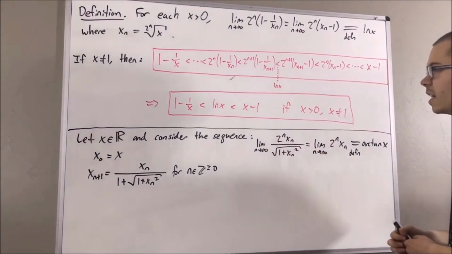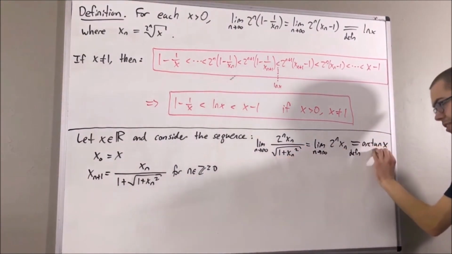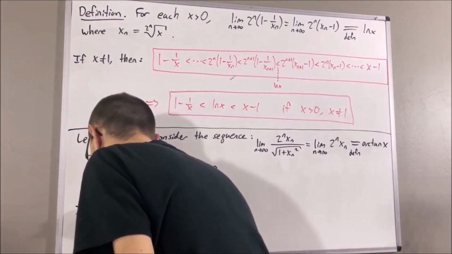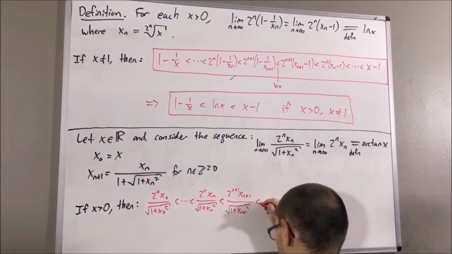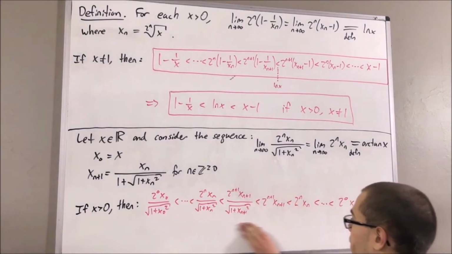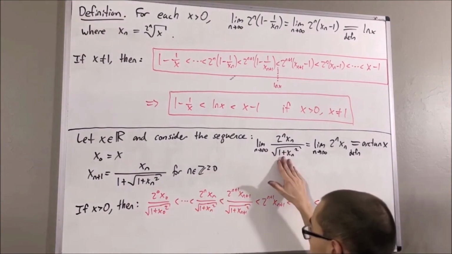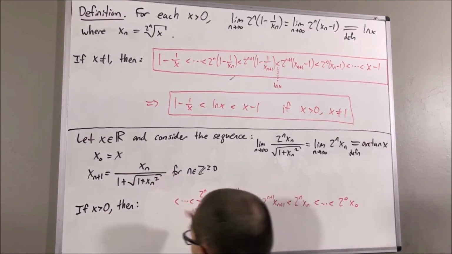In fact, in the case x is greater than 0, we saw that this sequence is increasing to the arctangent of x, while this sequence is decreasing to the arctangent of x. So we have this, but really, the n equals 0 term of this sequence is nothing but x over the square root of 1 plus x squared.